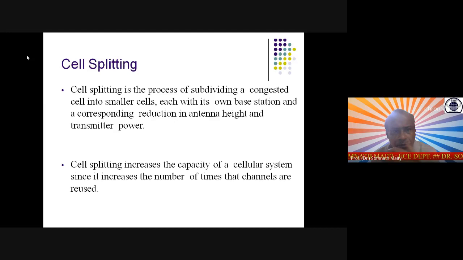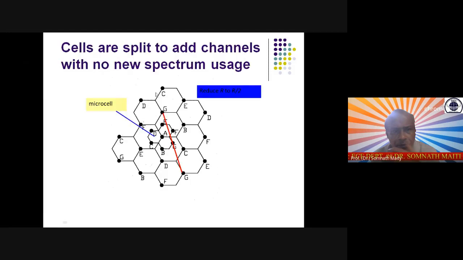Cell splitting increases the capacity of a cellular system since it increases the number of times that channels are used. See, this is your original cell, and this cell is divided into three cells. This is the bigger cell, and these are smaller ones. These smaller cells are called microcells.